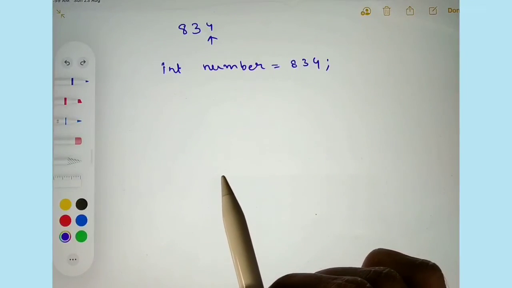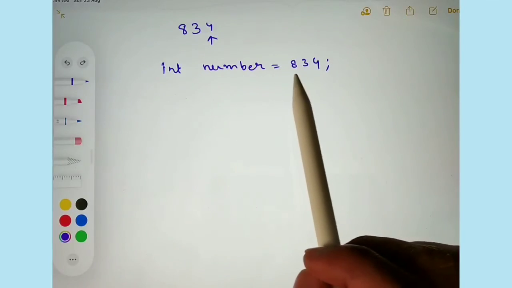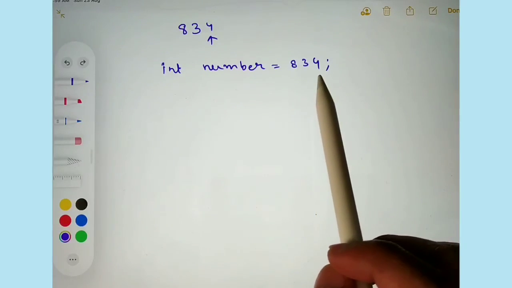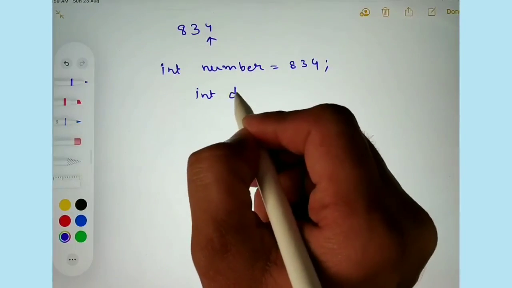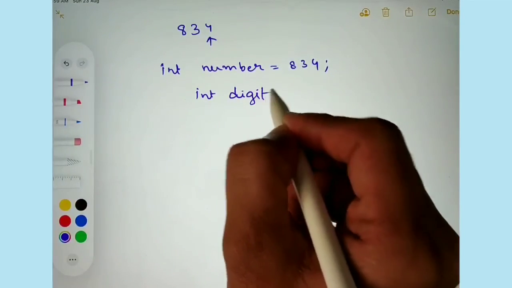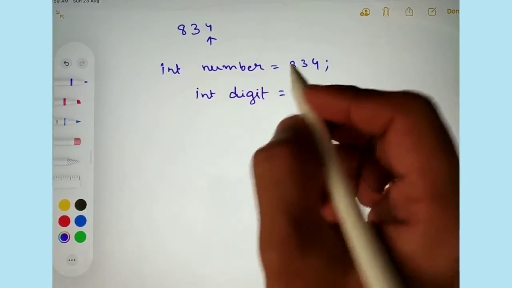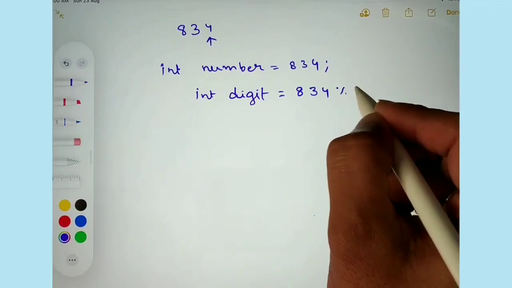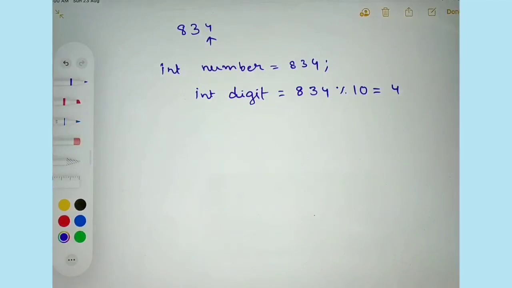Now we will see the implementation of radix sort, and this is the number. How do we get the first digit? To get the first digit, we need to apply mod operation with 10, and this gives us 4.